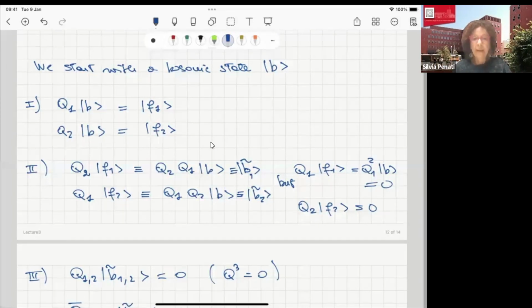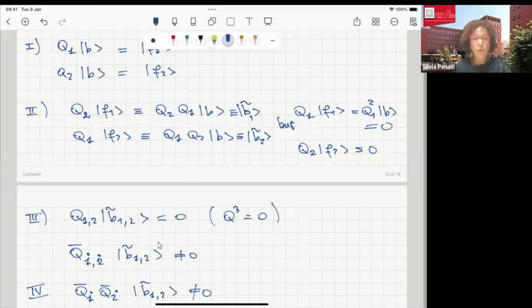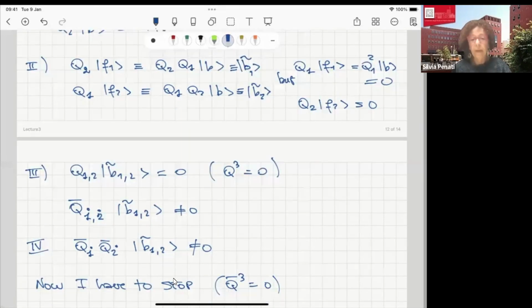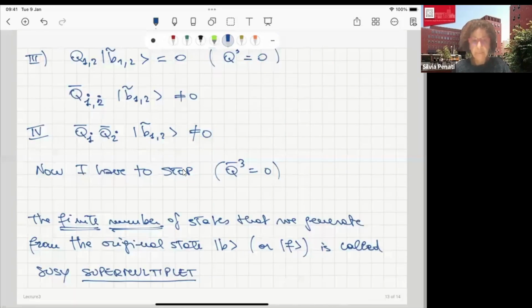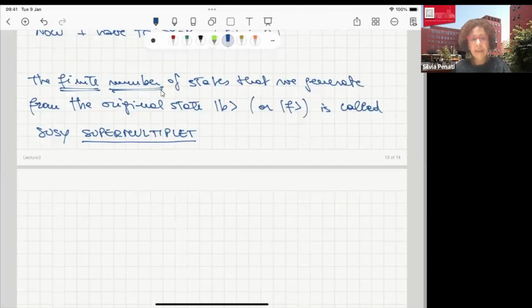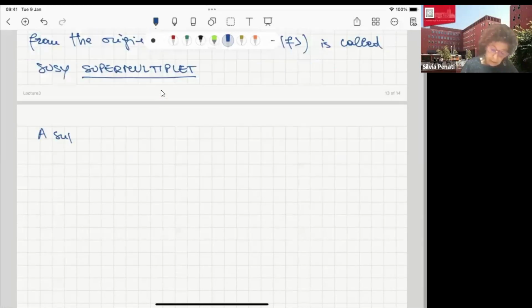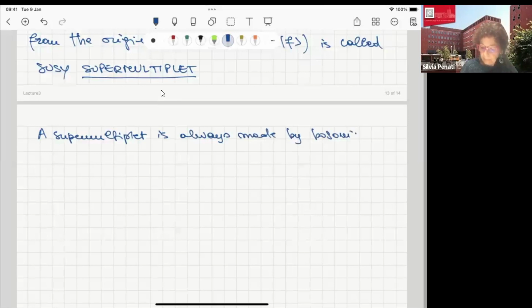When you apply another Q bar to this boson, you will get a fermion, and so on and so forth. Okay, so what you get here is that this finite number of states, this supermultiplet, contains a given number of bosonic states and a given number of fermionic states. A supermultiplet is always made by bosonic and fermionic states.